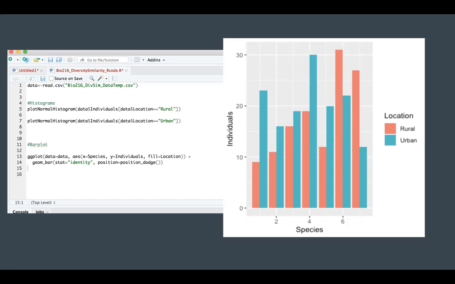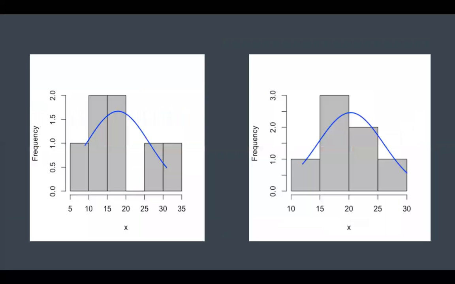And the R code also produced two histograms. The one on the left is rural, and the one on the right is urban.